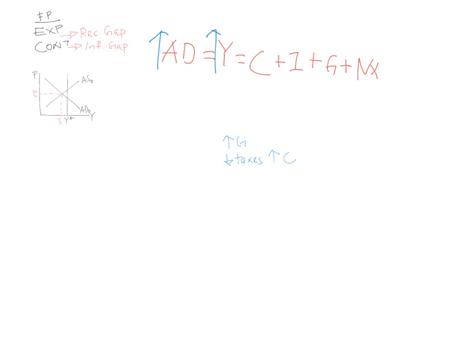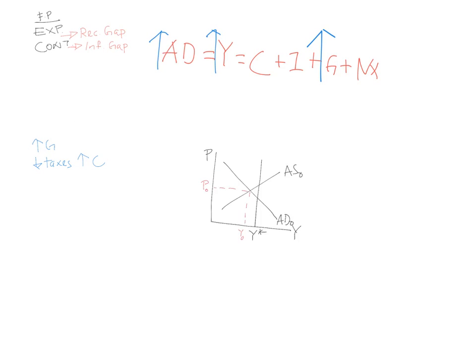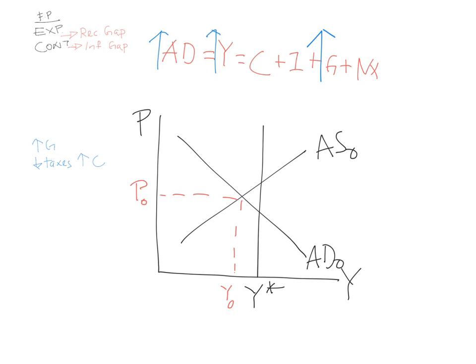Let's say it increases government spending. This increase in government spending leads to a shift out in the aggregate demand curve and a shift out in the output, which means we can shift out our aggregate demand curve in such a way that it will intersect over there. We go to AD1.